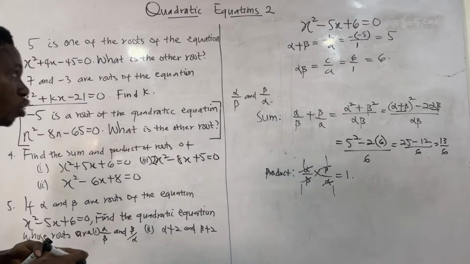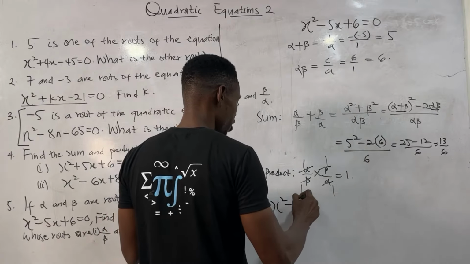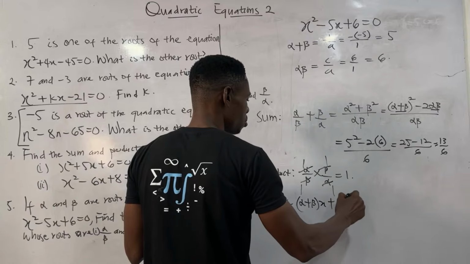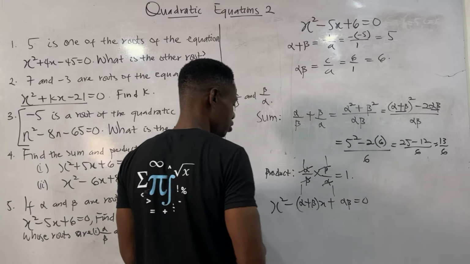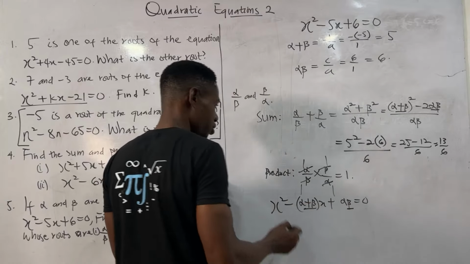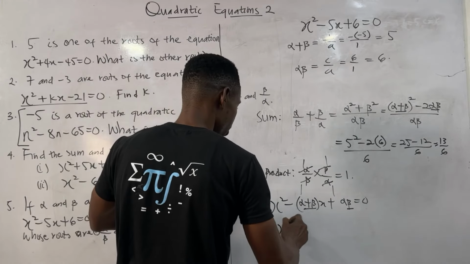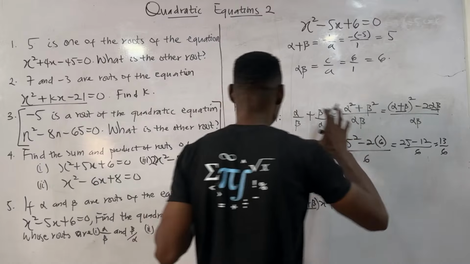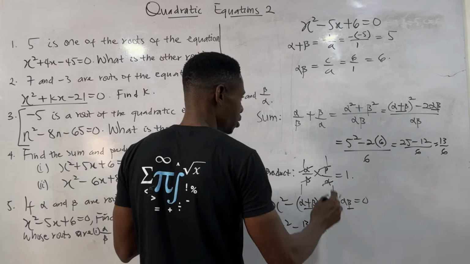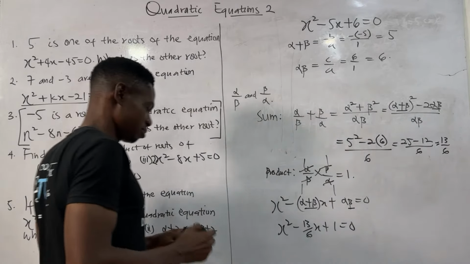So the new equation we want to form will be x squared minus the sum of roots x plus the product of roots equal to 0. So our answer will now be x squared minus our new sum, 13 over 6, x plus our new product, 1, equal to 0.